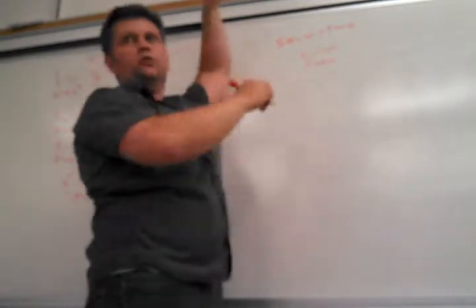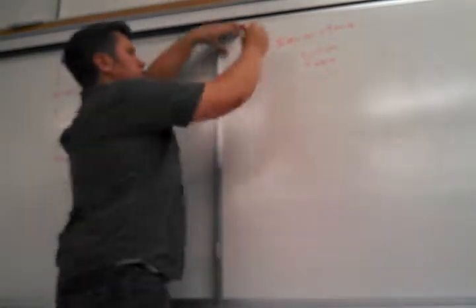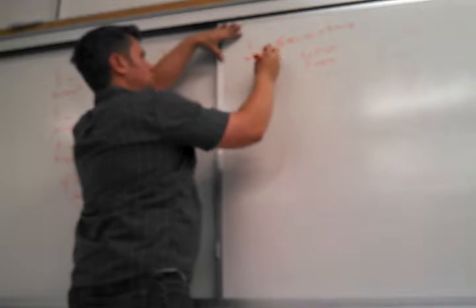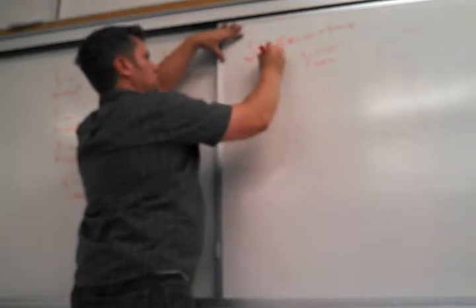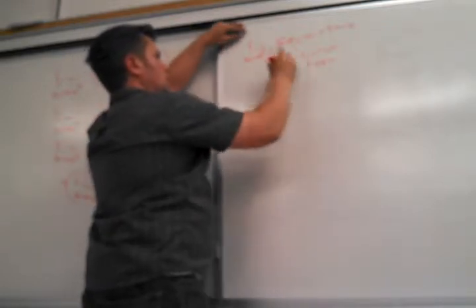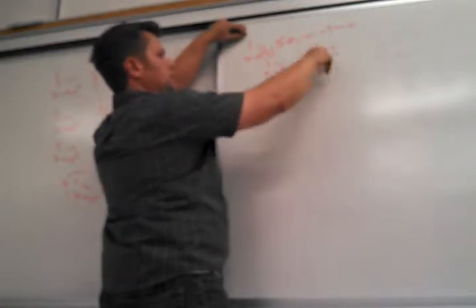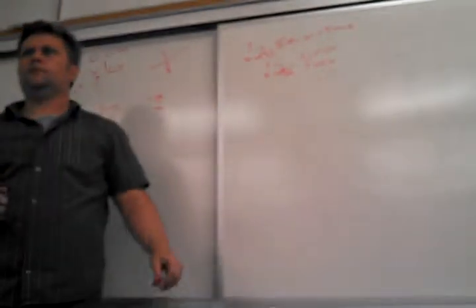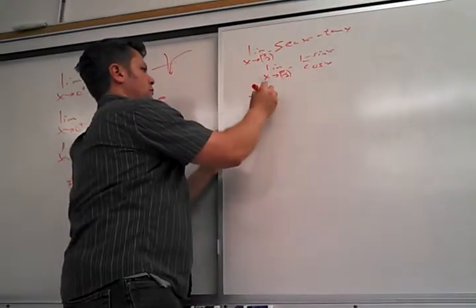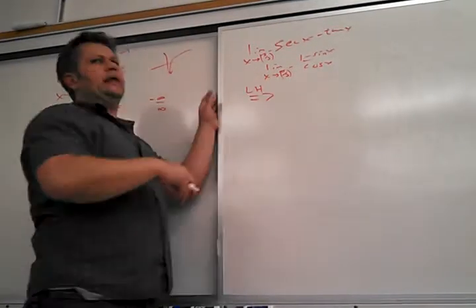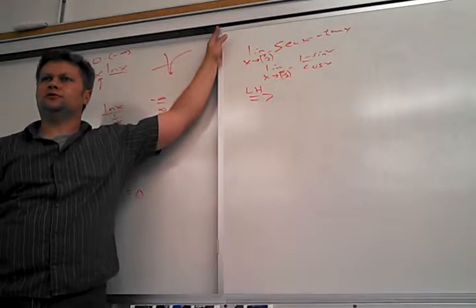We only had to do L'Hopital's once. The first thing we did was not L'Hopital's rule. The first thing we did was just rewriting it. In fact, I remember I used to put a little LH when I actually applied L'Hopital's rule.